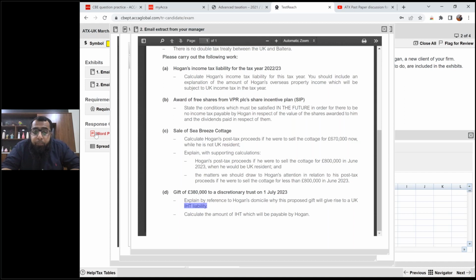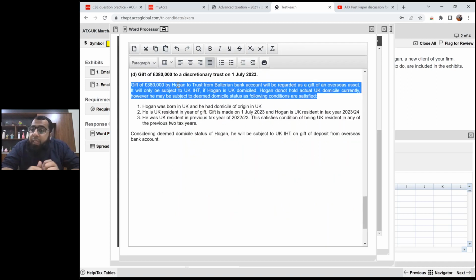We stated that gift of £380,000 by Hogan to trust from Baltinian bank account will be regarded as a gift of overseas asset. It will be subject to UK IHT if Hogan is UK domiciled.